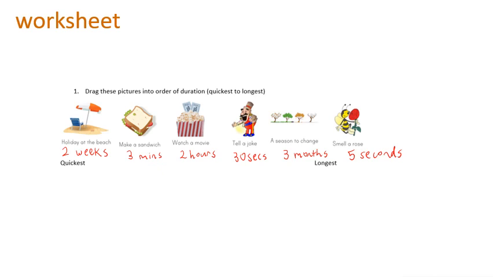So now that we've got these units of time, it makes it easy to order them from quickest to longest. The quickest would obviously be the rose. So that would go over here, the rose. You can just drag and drop them on the Word document. Then it would be the joke. Then the sandwich.